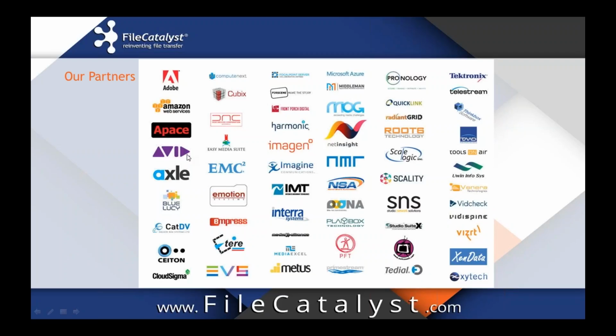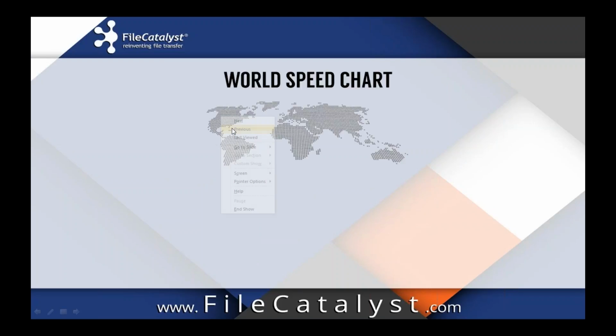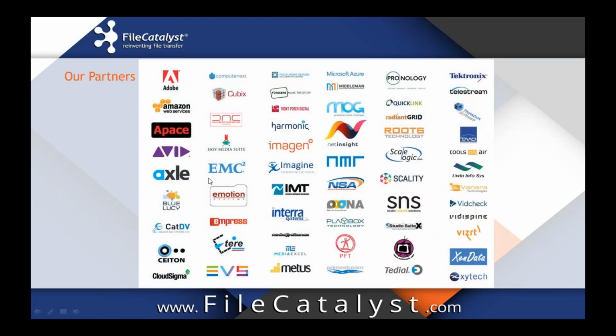So we've been in the media space. This was actually our 10th NAB that we attended this year. So we've been at 10 NABs already. And if you want to see here, we've integrated our software with a number of partners or other technology vendors in this space.